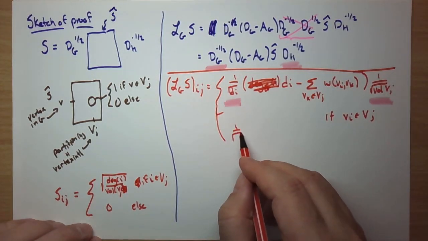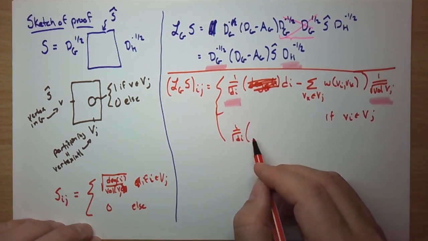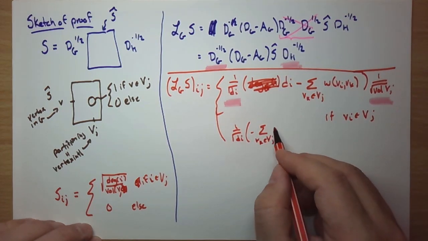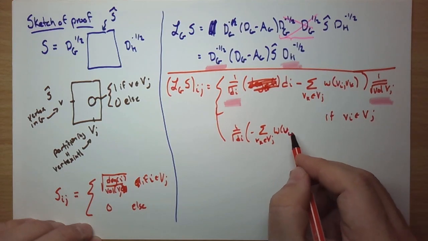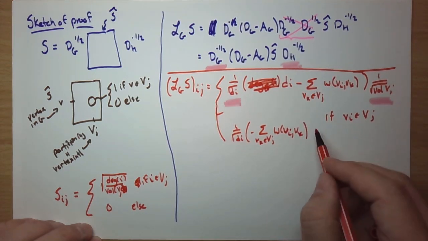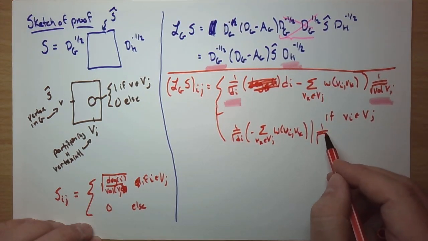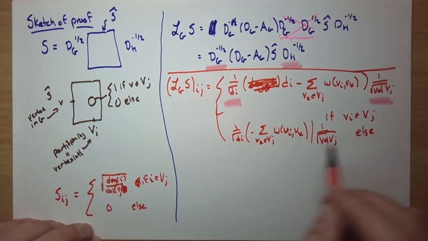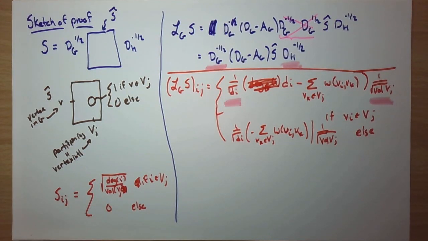So 1 over square root of d_i, and minus the sum over v_k in v_j of the edge weights from v_i, times 1 over square root of the volume of v_j, and this is the other case. All right. Well, now most of this is going to be a matter of simplifying.